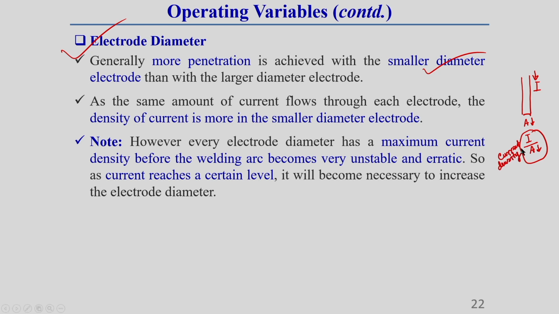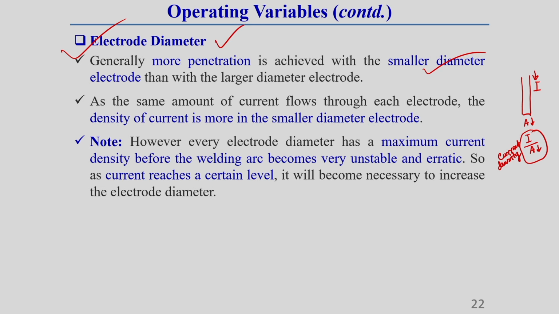Higher the current density, better is the penetration, that you know. That is why a smaller diameter electrode provides more penetration than a larger diameter electrode.